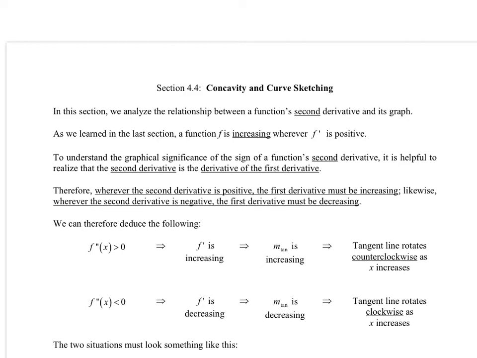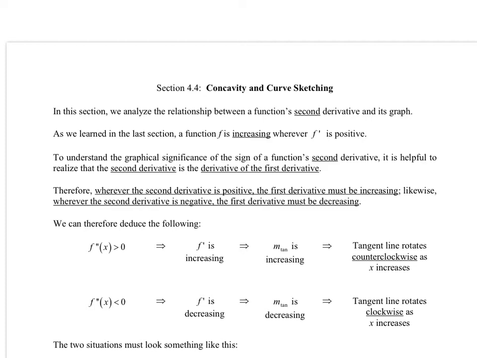In this section we're going to analyze the relationship between a function's second derivative and the graph. So what does a function's second derivative tell us about the graph of the function?